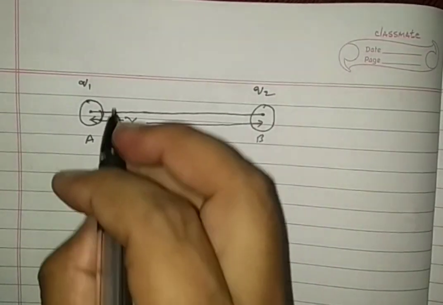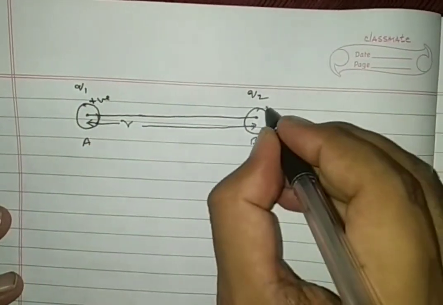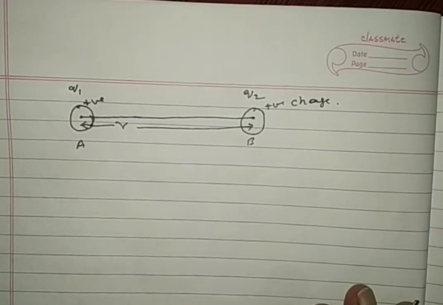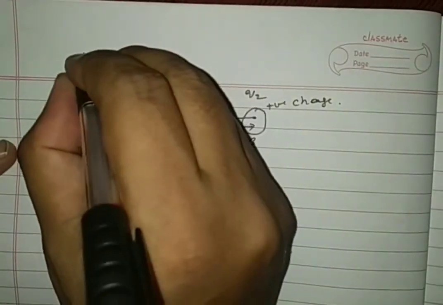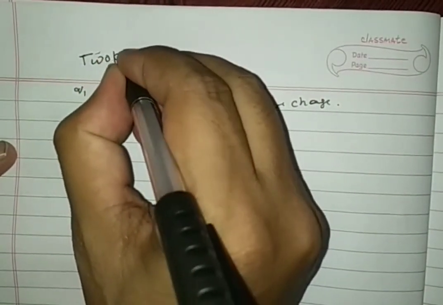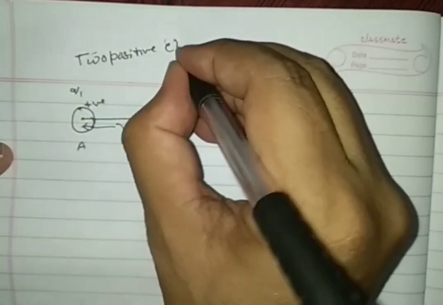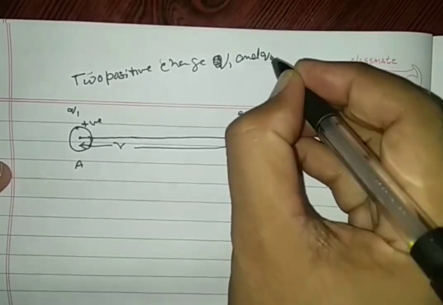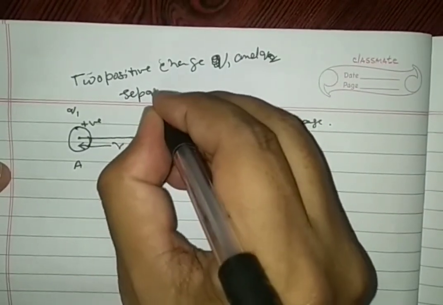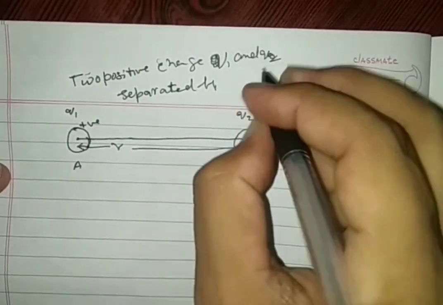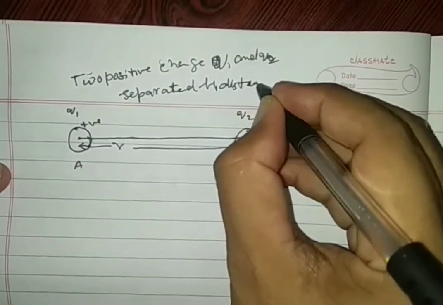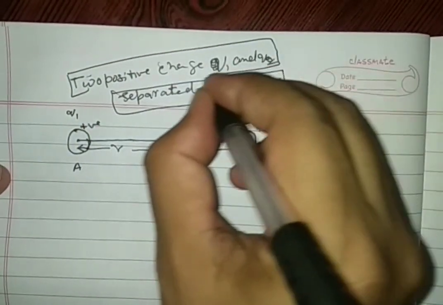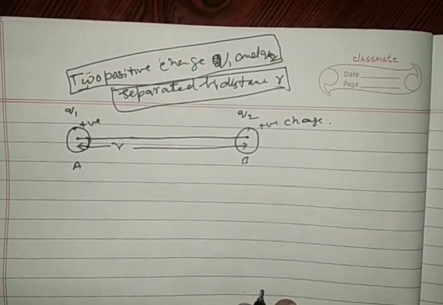Consider both are positive charges, q1 and q2, separated by distance r. See the fundamentals very carefully, then you can understand the clear meaning of Coulomb's law.